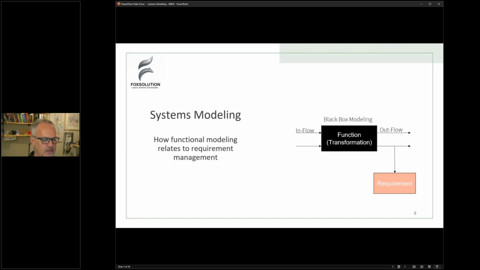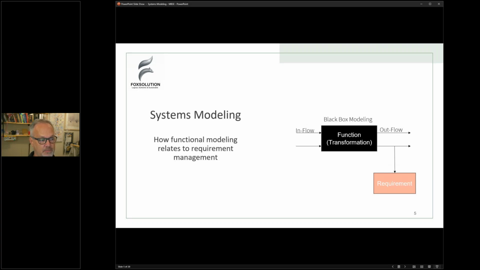And you can imagine that all the inflows are outflows from other functions. So when we talk about characterizing those outflows, we only need to characterize the outflow portion of it, not the inflow portion of it, because the inflows are outflows of another function. So what those requirements do, though, is they characterize what we mean by a good outflow and provide us with a testable understanding of that outflow.